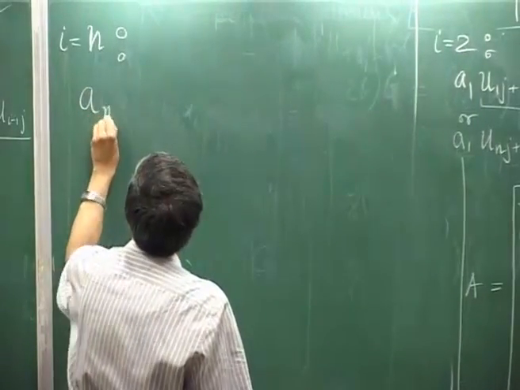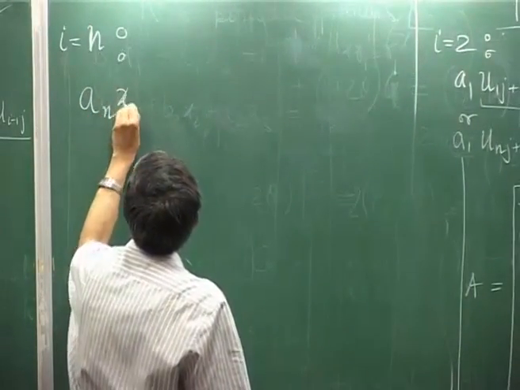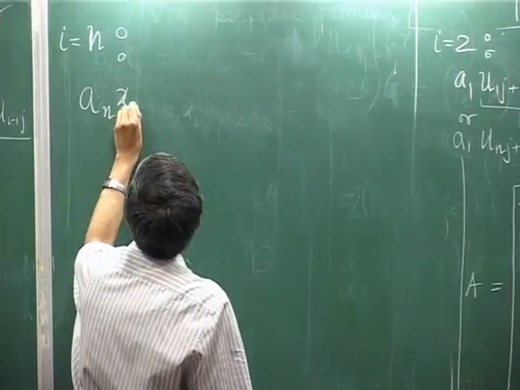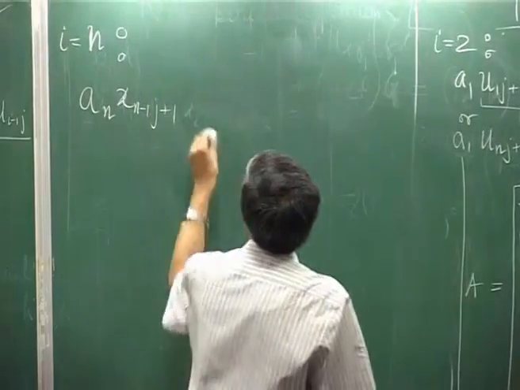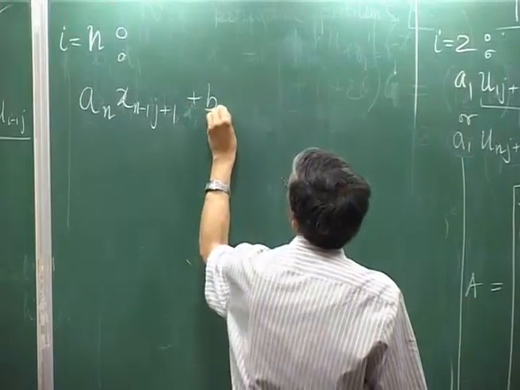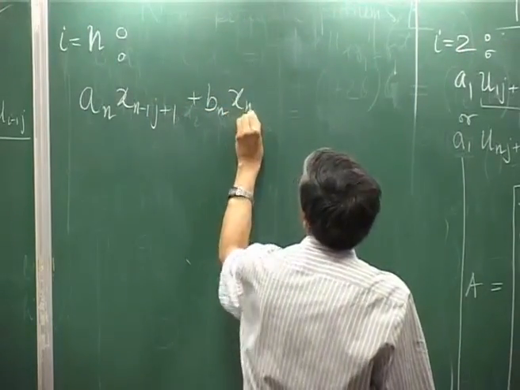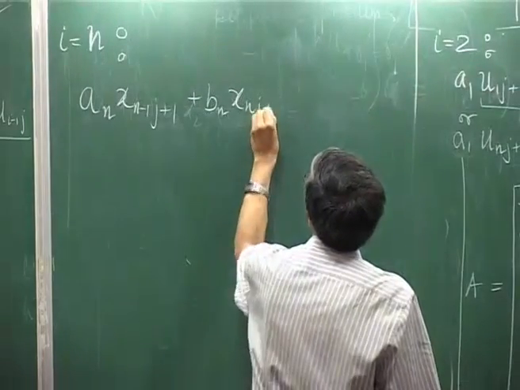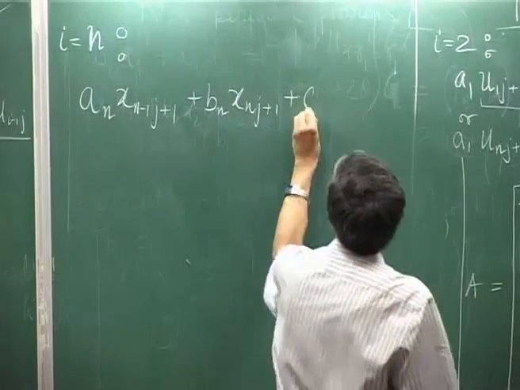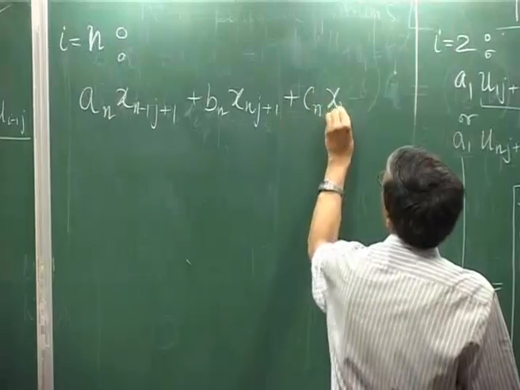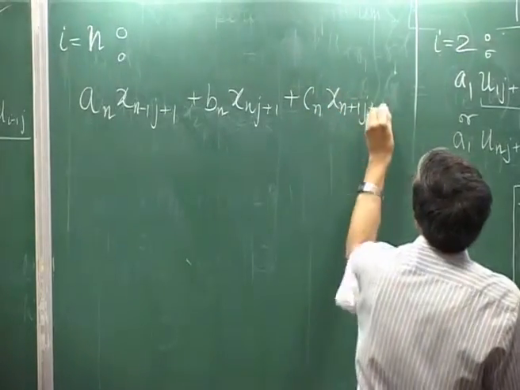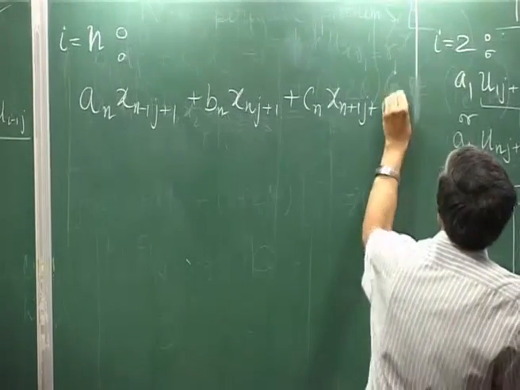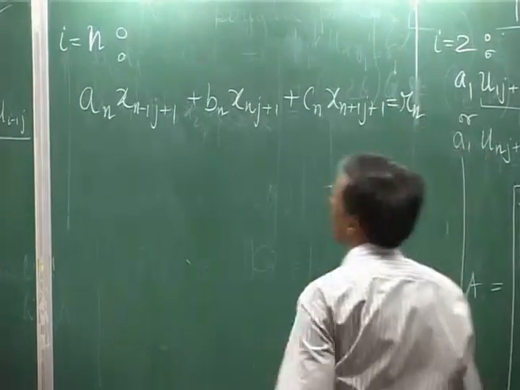That would be an, tell me, u(n-1) at j plus 1, right, plus bn un at j plus 1 plus cn u(n+1) at j plus 1 is equal to rn.